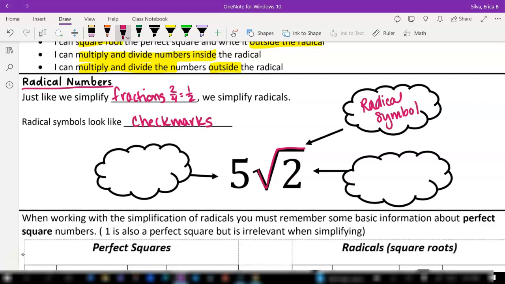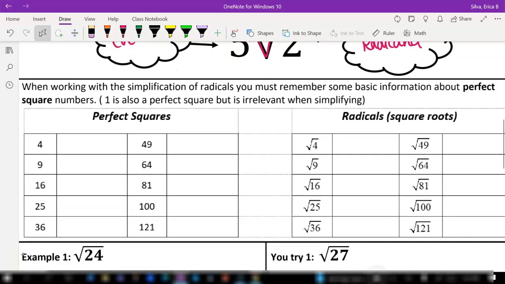The number inside the radical is called the radicand, and the number on the outside is my coefficient. Remember that when there's a coefficient, we're basically multiplying that number times the square root.